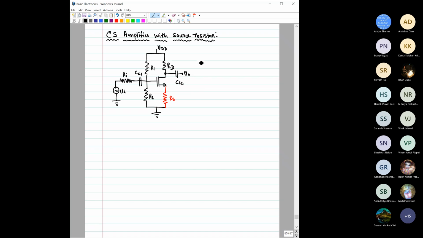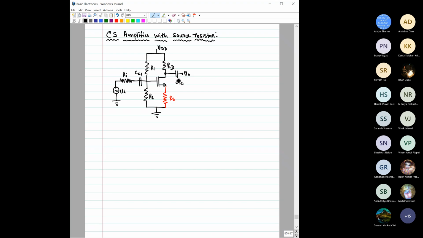Here we are not taking numerical values. We just want to derive the expression of the small signal gain if you introduce this RS, or source resistance, and compare the gain of the CS amplifier with source resistance and the CS amplifier without source resistance, from the expression itself.